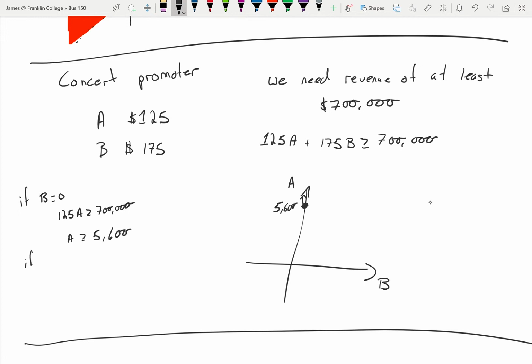Alright, if A equals 0 to find that B-axis area, we know that 175B has to be greater than or equal to 700,000, or that tells us that B has to be greater than or equal to 4,000.